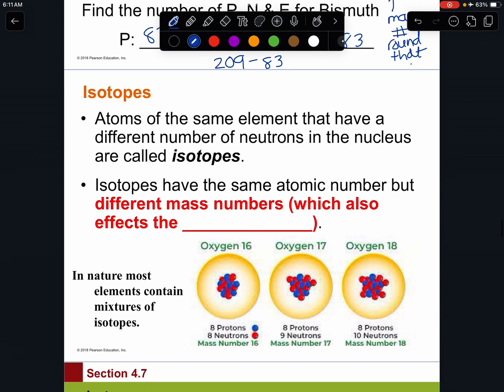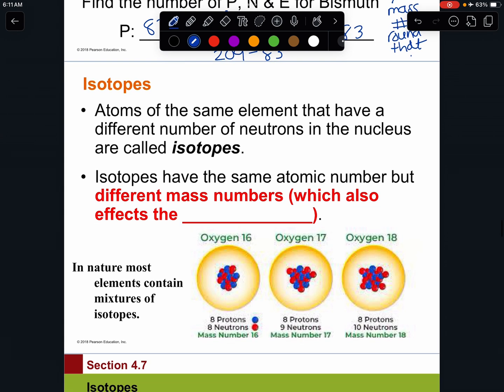Let's continue on for isotopes. What is an isotope? An isotope is an atom, but it's a specific form of an atom. It's an element that has a different number of neutrons. Remember, I told you protons never change, never. But neutrons can.